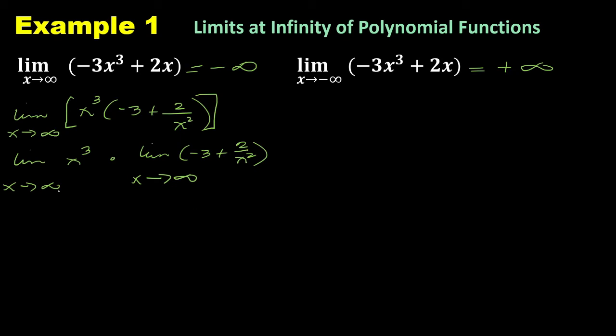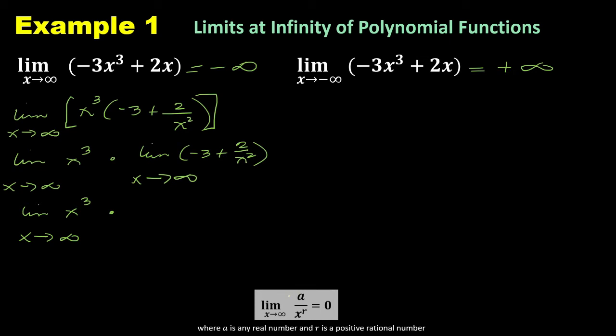So what we have here would be the limit of x cubed as x approaches infinity times, remember that the limit of a over x raised to r as x approaches infinity is equal to 0. Here, 2 over x squared would have the limit of 0 as x approaches infinity. Therefore, we would be having the limit of negative 3 as x approaches infinity.